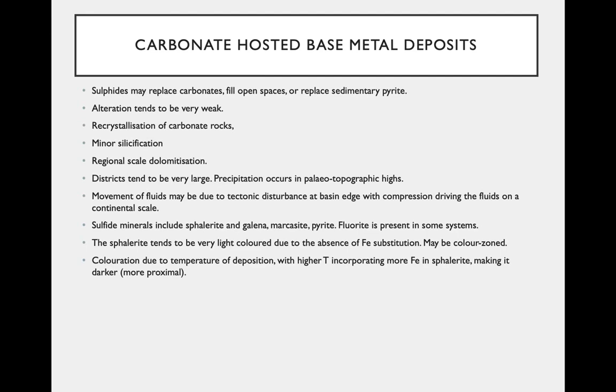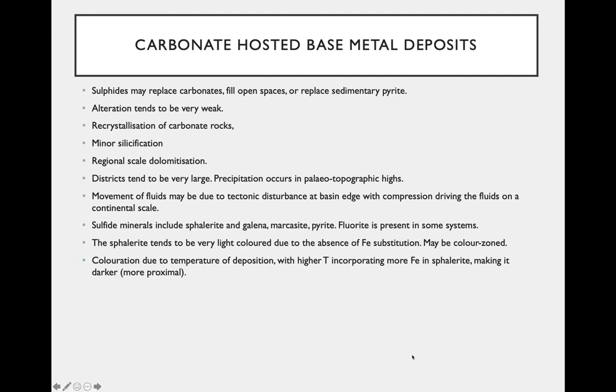So the districts tend to be very large. But in an ideal world, you want them quite localized, and we're seeing precipitation in association with paleotopographic highs. And what that really means is the water circulation and groundwater movement is associated with ancient topographic relationships which control hydraulic heads and where the fluid moves through the basin.